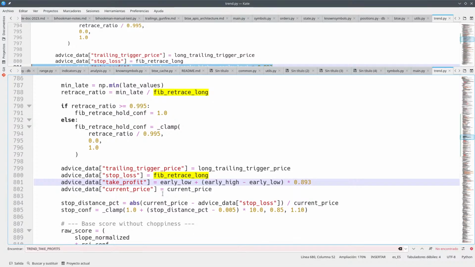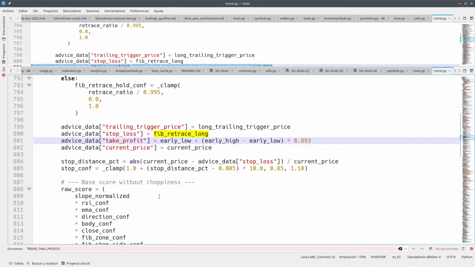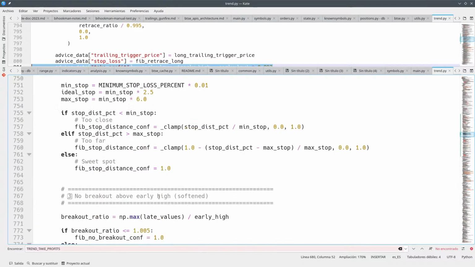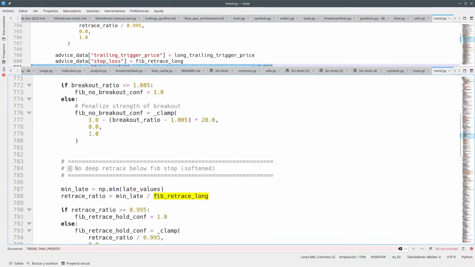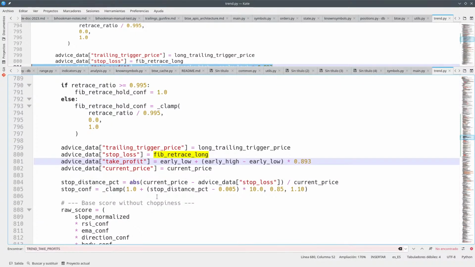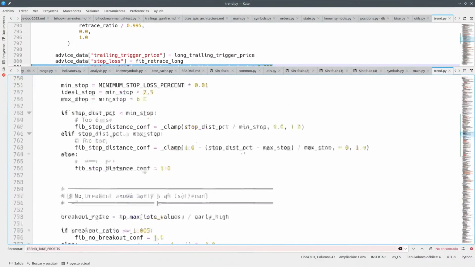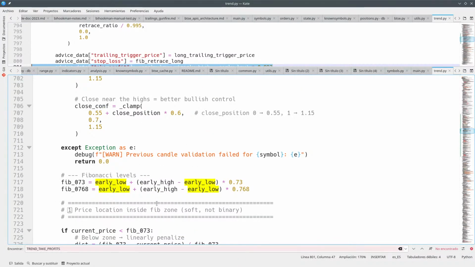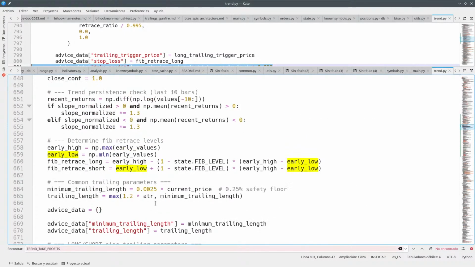Early low plus whatever. Maybe there's no need to do any of this. Early low.